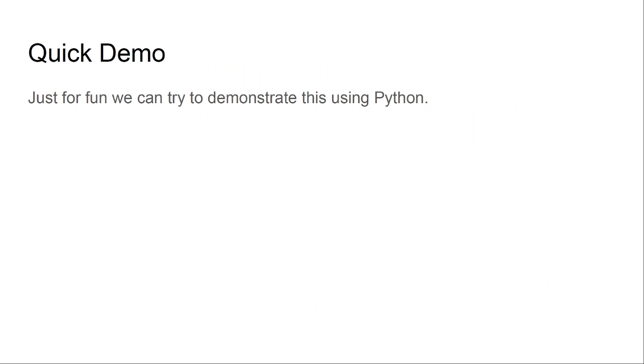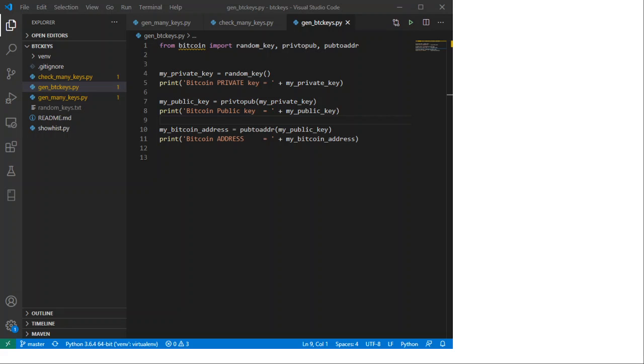Okay, so just for fun, we're going to try and demonstrate this using a programming language called Python. And if you don't know programming, that's fine. You don't have to. I'm going to show you a quick program here. So we have Visual Studio Code with a Python program.